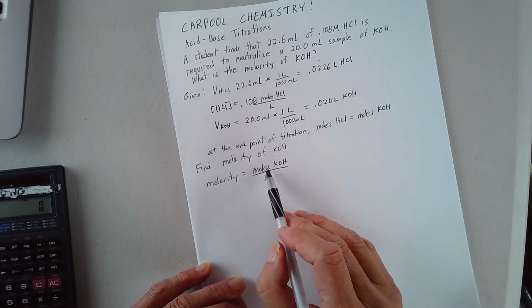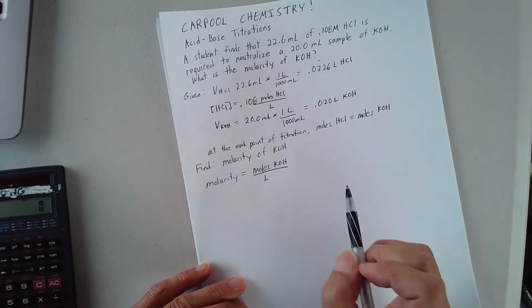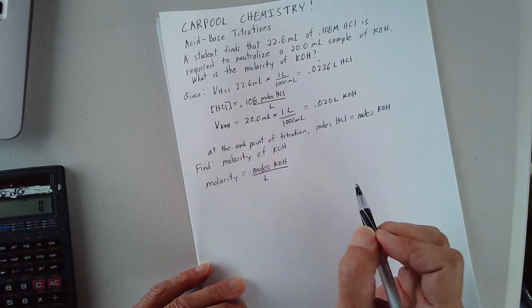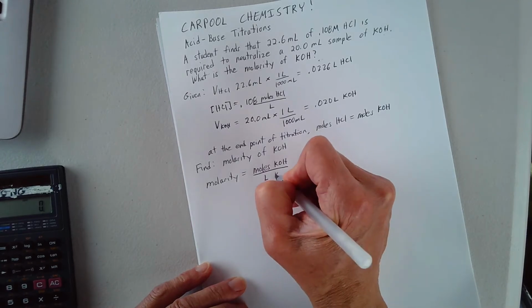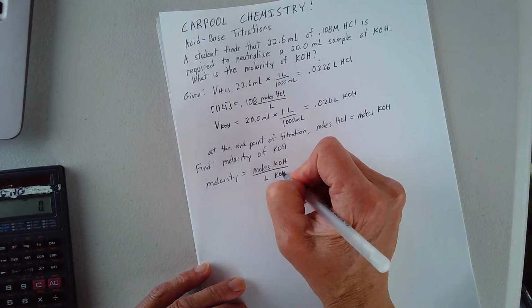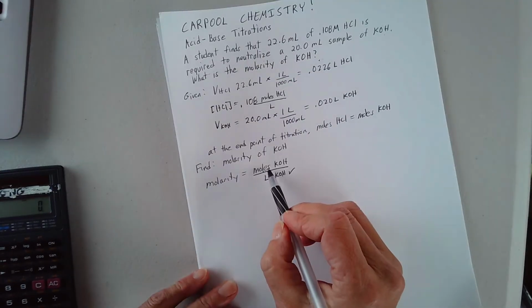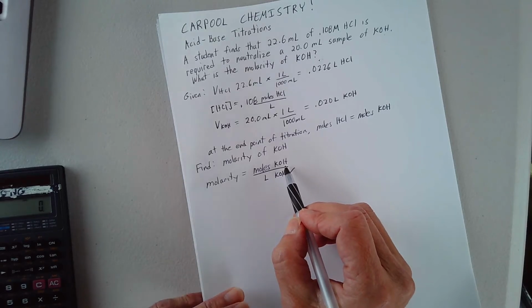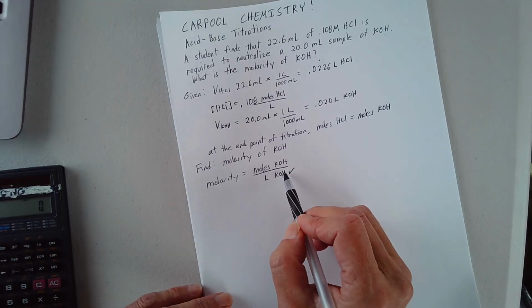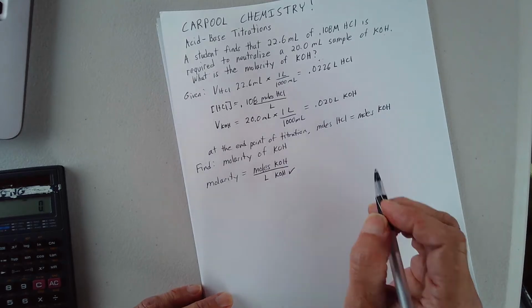Well, do we know the moles of KOH over here? Well, no, we don't. But do we know the liters of KOH solution? And yes, we do. It's 0.020 liters. I'm going to put a check mark by that for right now. So if we just knew the moles of KOH, we should be able to find the molarity just by dividing that number by our liters of KOH.